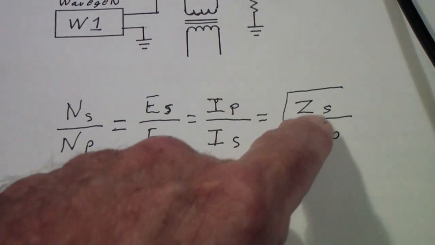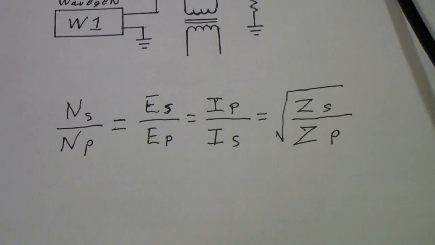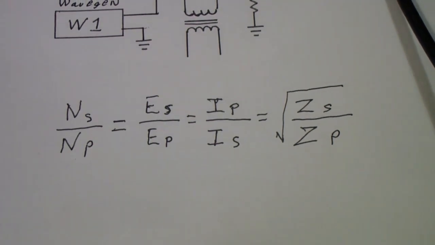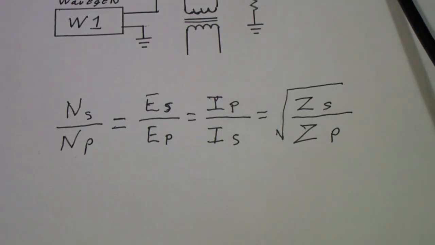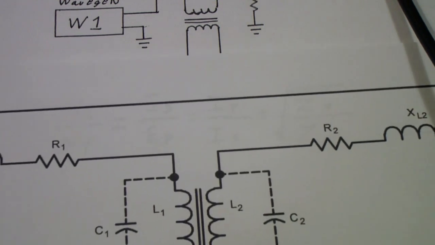The reason is, of course, 16, you take the square root of that, is 4. So these are some rules or some formulas that are very useful, and I may be referring to some of those as we go along.